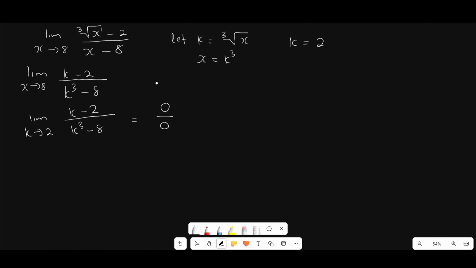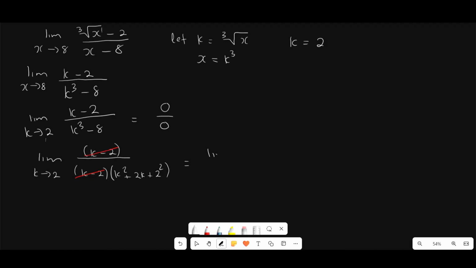So that means I have to simplify. Therefore the limit as k approaches 2 of k minus 2, whatever is on top is also on the bottom. So I have k minus 2 times k squared plus 2k plus 4: the difference of cubes, where 2 squared is 4, then the 2k, the opposite sign, and the last term is always positive. Then I can take these two down.